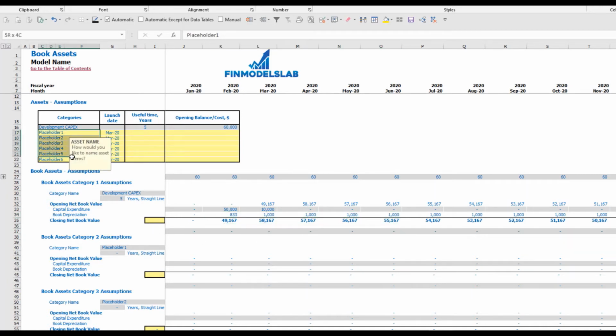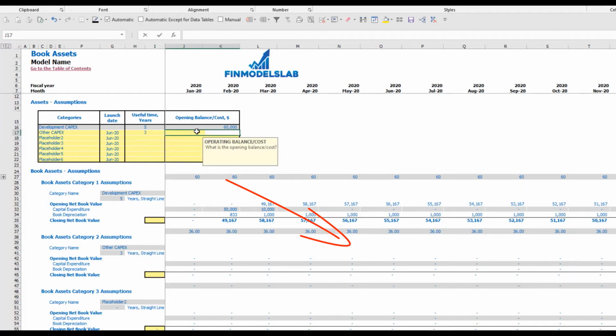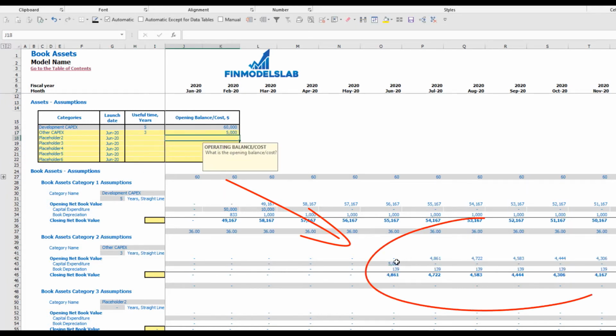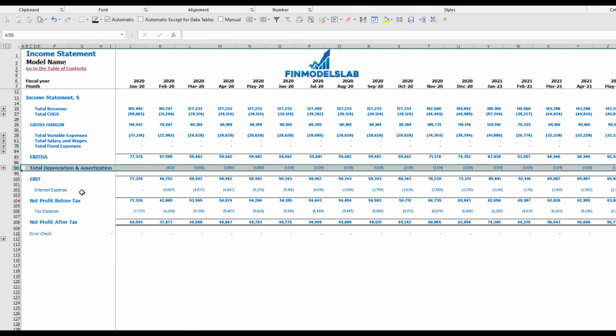You are also able to input up to 6 other assets, for example, other CAPEX with launch date, for example, June, with 3 years of useful time, with $5,000 cost. You may see the calculation here. So in this tab you have calculation of capital expenditure, book depreciation, and closing net book value. The total amounts you may see in the income statement tab in the depreciation section.